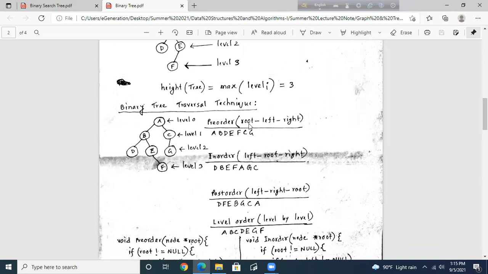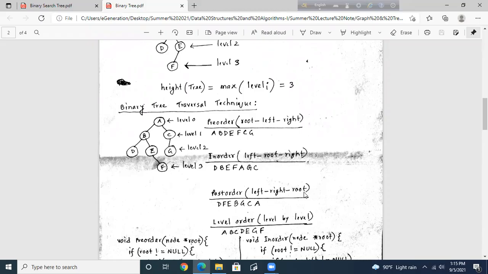How do you remember? In pre-order, since there is "pre", the root comes first. In in-order, the root is in the middle. In post-order, the root is last. How can you remember the algorithm of pre-order, in-order, post-order, and level order?